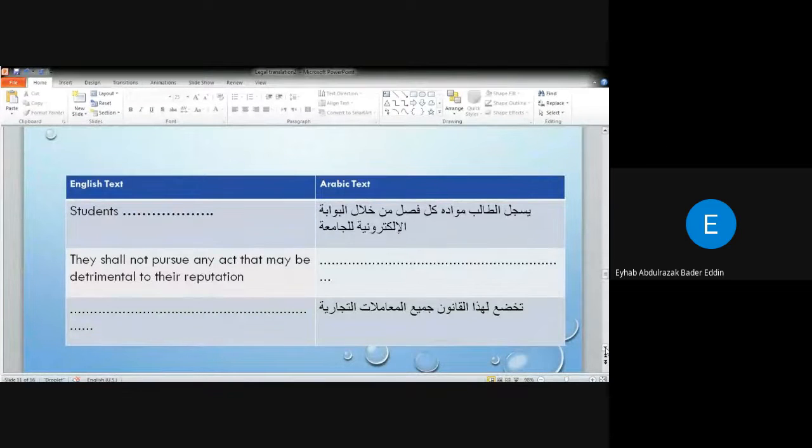Do you want to try it? What do you think? Okay, so the first, second, and third sentences, please try to work on as many as possible now. Okay? When you try, please send me your participations into the chat room.